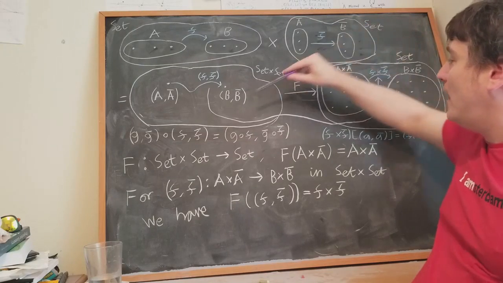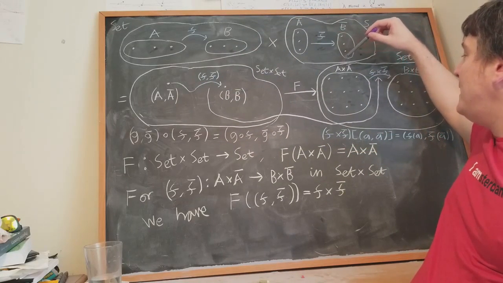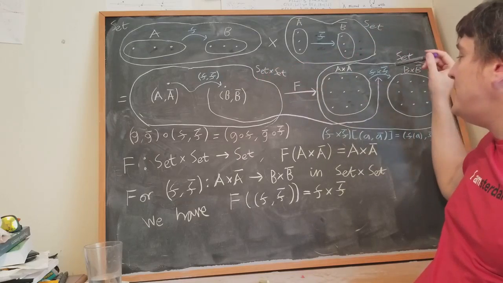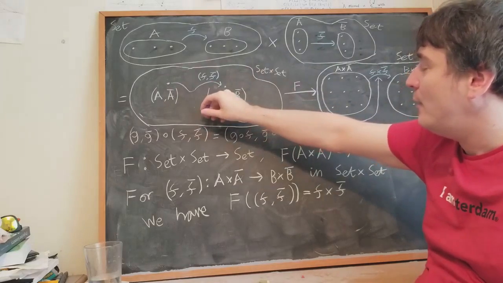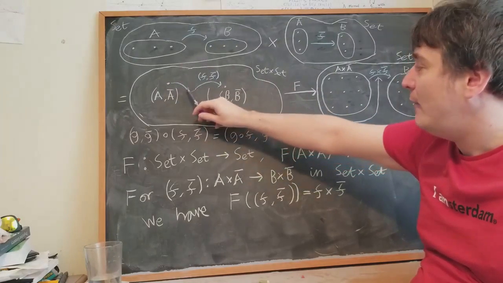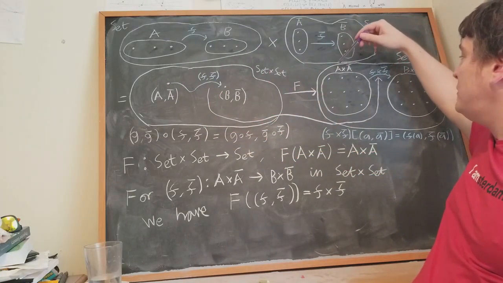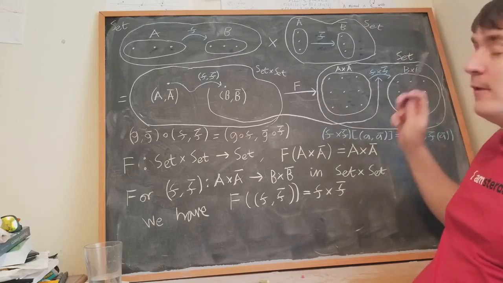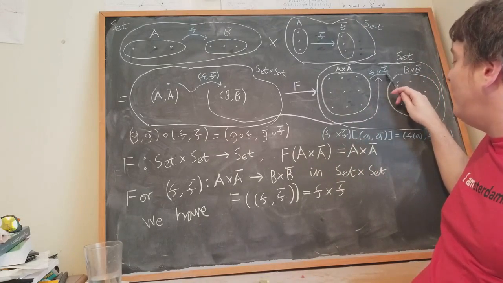So a comma a bar is going to get sent to a times a bar, similarly with the b's. And what happens to this arrow here? Well, this arrow is going to get changed into a function which goes from a times a bar to b times b bar, and we call that function f times f bar.